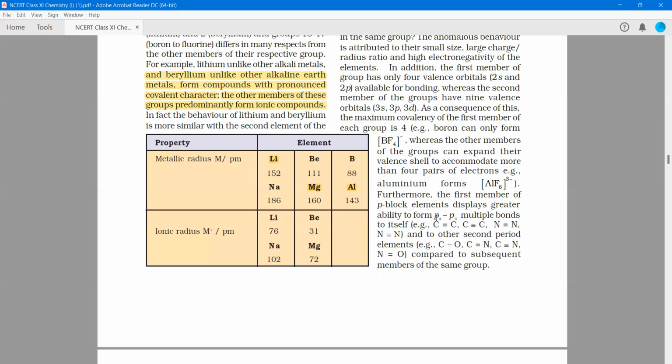When you're making bonds, you are actually overlapping the orbitals. The overlapping of one small and one big orbital is not that efficient. So in order to make stronger bonds that are more energetically stable, it likes to form bonds with itself, or the other first P block elements.